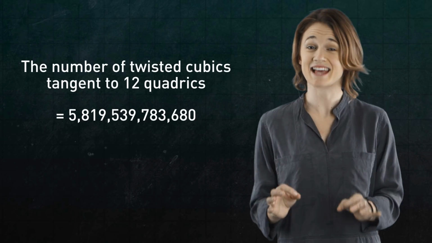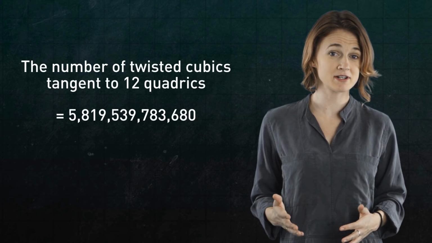Maybe that exact number doesn't seem particularly important, but the fact that Schubert was able to figure it out is pretty amazing. He did this calculation with very few modern mathematical resources, which is why one book compares it to landing a jumbo jet blindfolded.